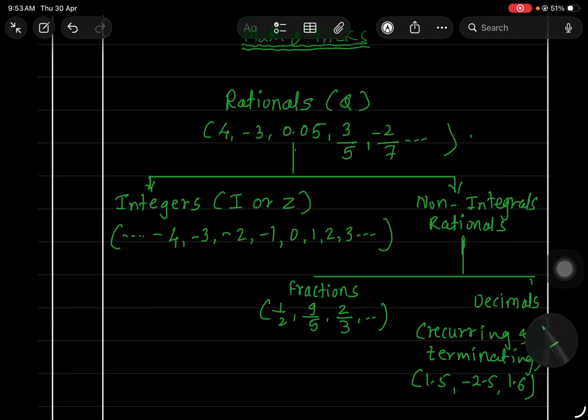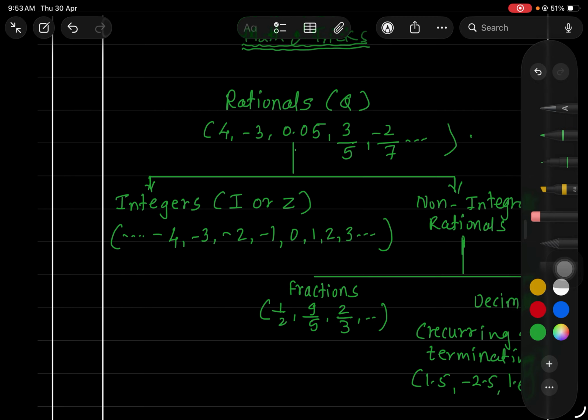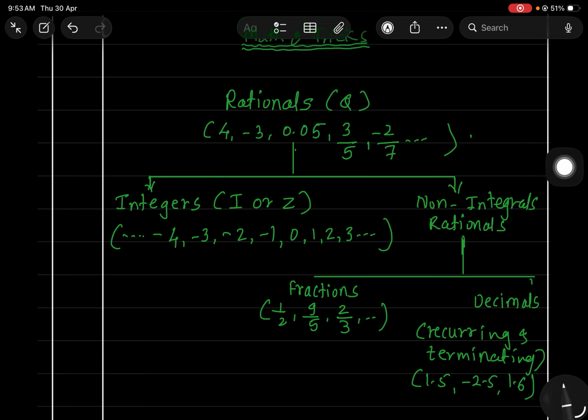Now see here, integers means what? Try to understand. Integers are denoted by I or Z. These are the negative numbers, and going in this direction means infinitely many numbers.